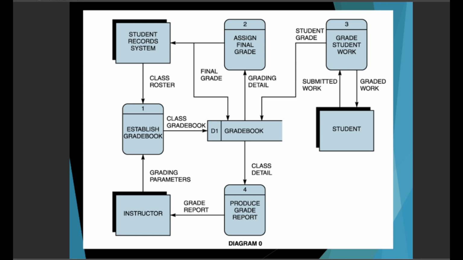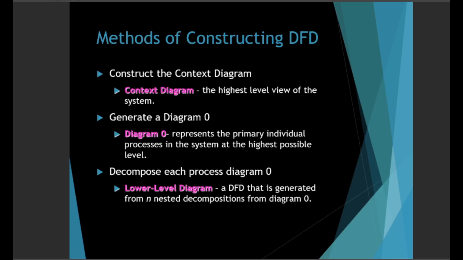If we redefine each sub-process, that is what we call the lower level diagram. This is the third method in constructing a data flow diagram. We decompose each process in diagram 0, which is the exploded context diagram.